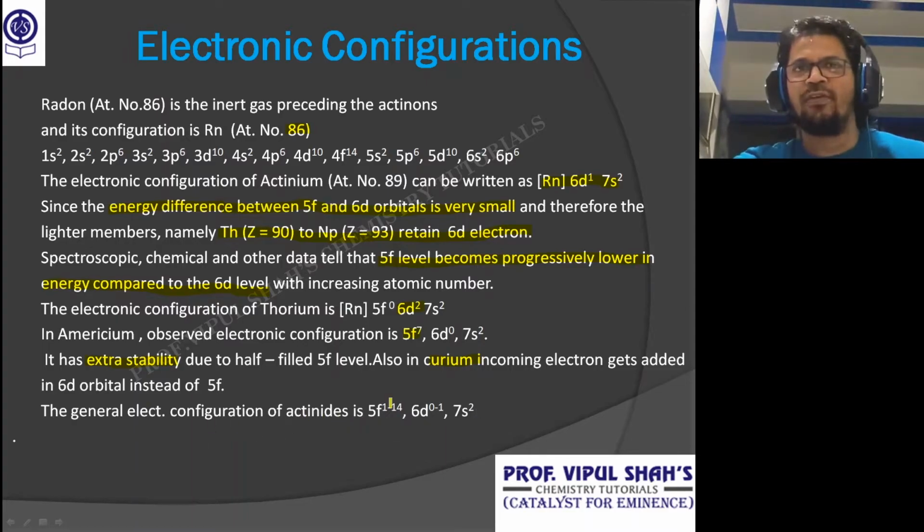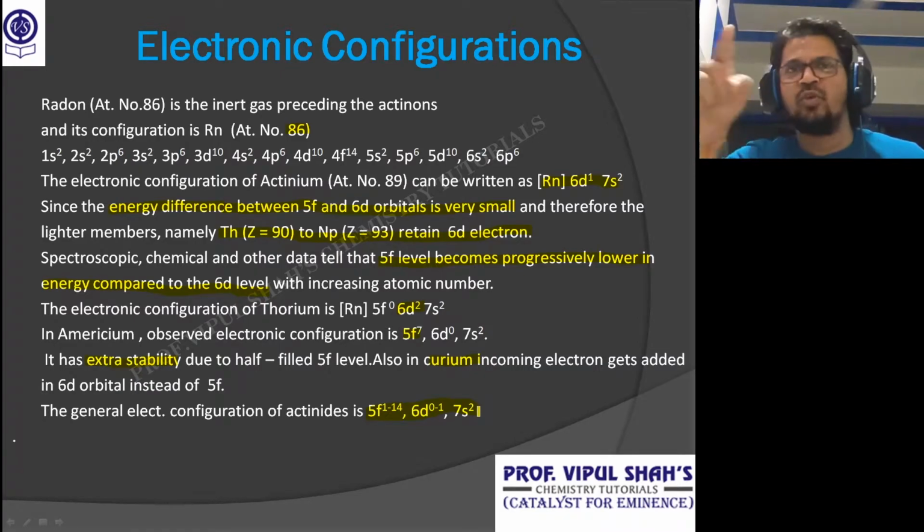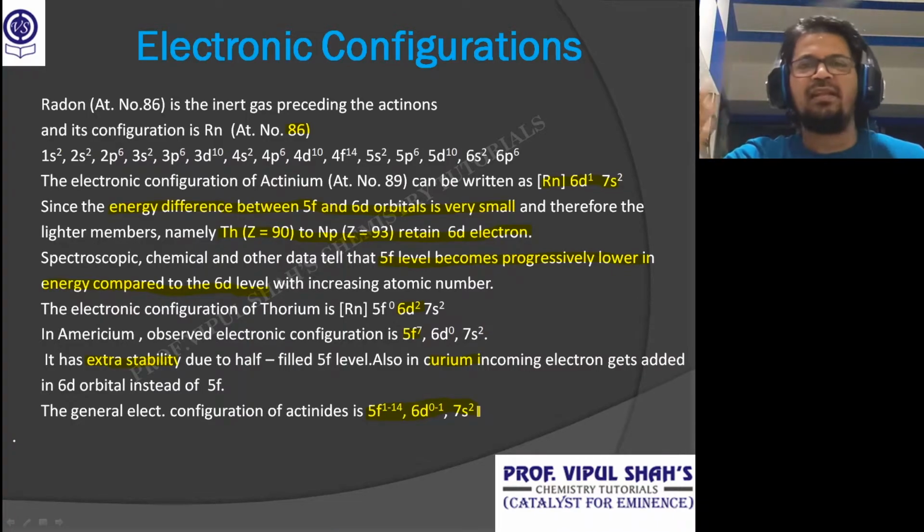The general configuration of actinides, you have to read it backwards: 7s2, 6d 0 to 1, 5f 1 to 14, where technically it should have been 6d 0 to 2, but thorium is an exception. Generally, if the configuration comes, we always write 6d as 0 to 1. So the last three shells are incompletely filled: 7, 6 and 5. Alright, that's the configuration.